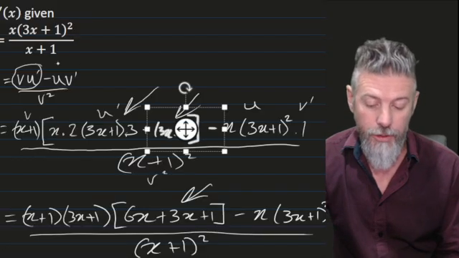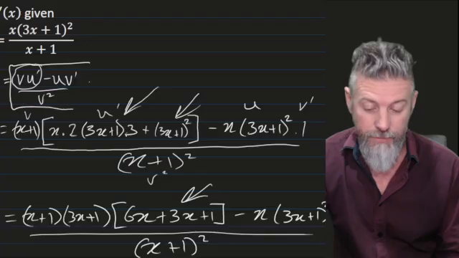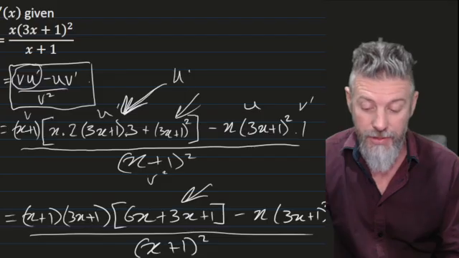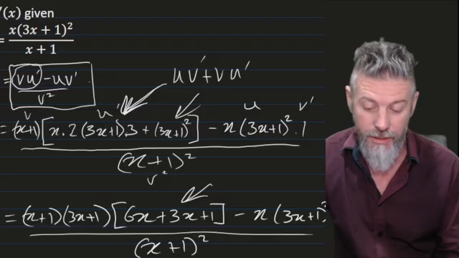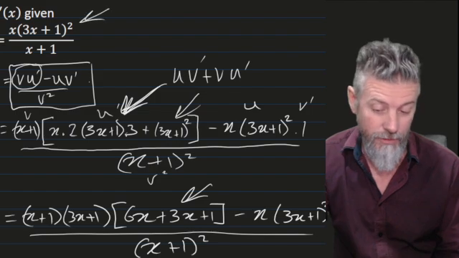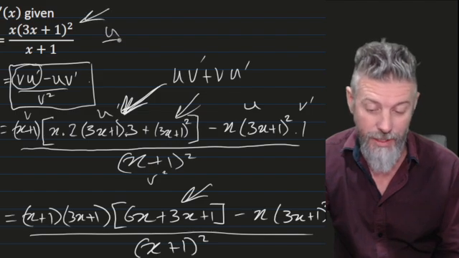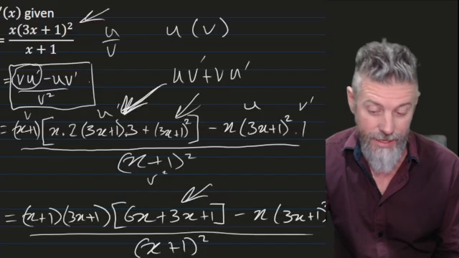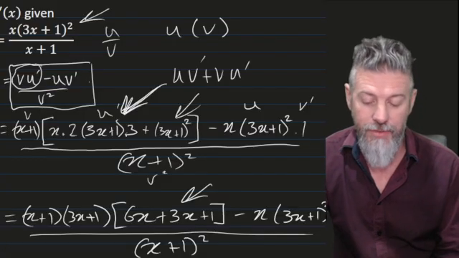I wrote the quotient rule as a guide before I did it. You may want to write the product rule for this part, uv dash plus vu dash, noticing that these will be different v's and u's. These are the v's and u's of the top, not the u and v like this, but the u and v like that, up the top there.